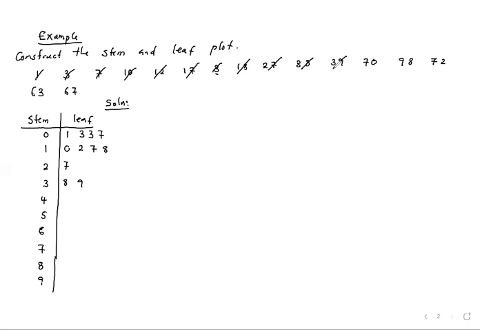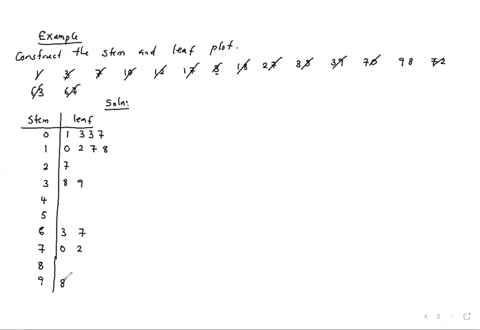Then for 4, there's nothing. For 5, there's nothing. For 6, there's 63. For 7, there's 70 and 72. For 9, there's 98. So if you are going up to 90, then you list 0, 1, 2.